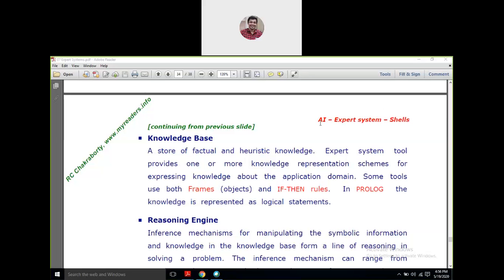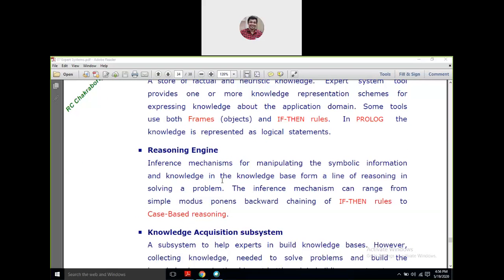Then how to extract that information is also there. Like in Prolog, the knowledge is represented as logical statements. They are basically the rule parts also that we define. You might have seen it in the Strawberry Prolog part, right? So not much in this.